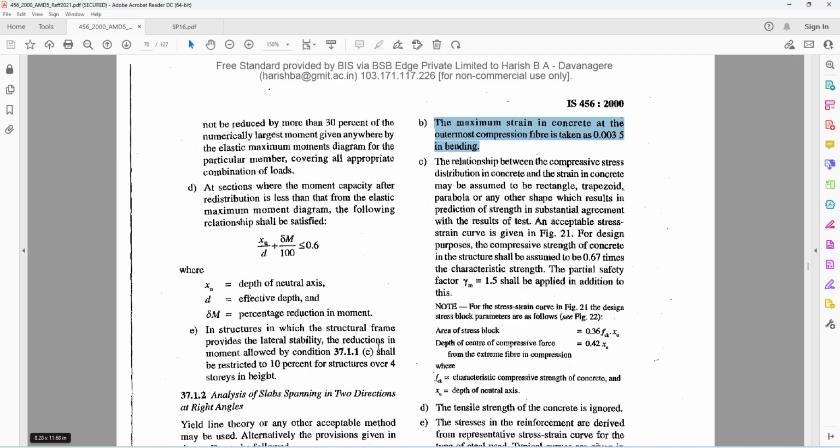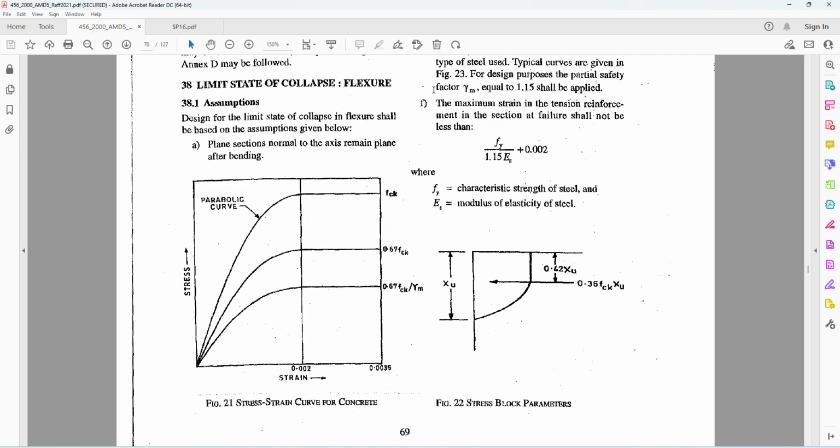Our next assumption is the maximum strain in the tension reinforcement in the section at failure shall not be less than Fy divided by 1.15 ES plus 0.002.